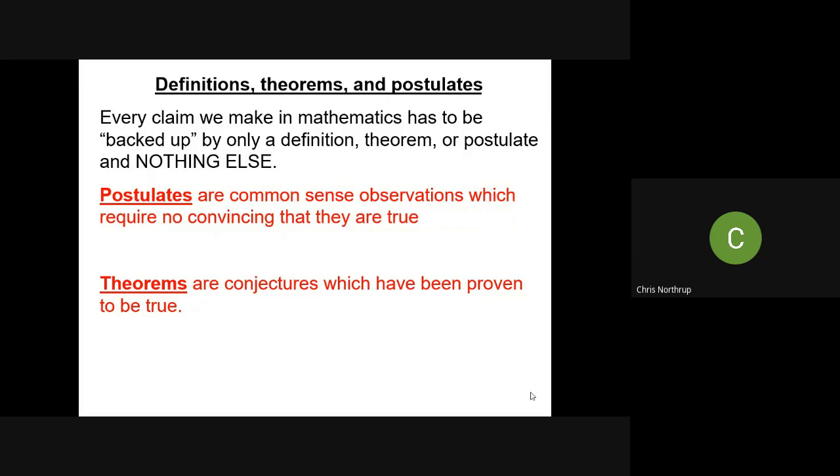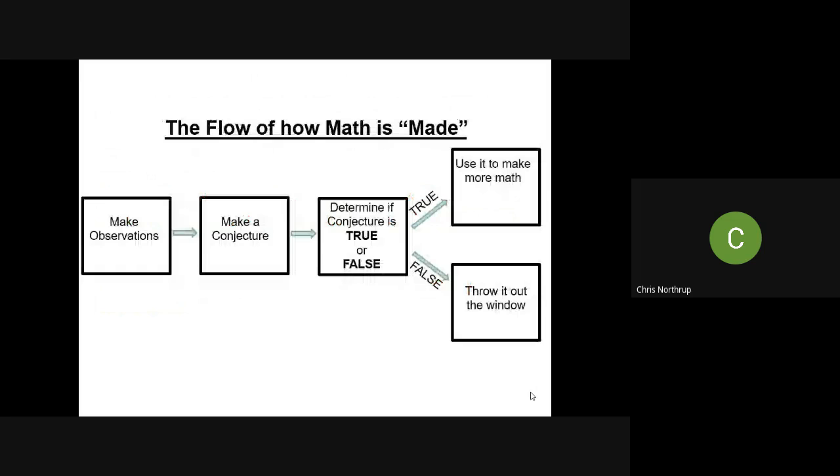Just to give you an idea why we're doing this, this is kind of a nice flow chart of how we're going to make math. First, we define things, and we make observations about those things. And so that's inductive reasoning. We're going to use that to make a conjecture about those observations.